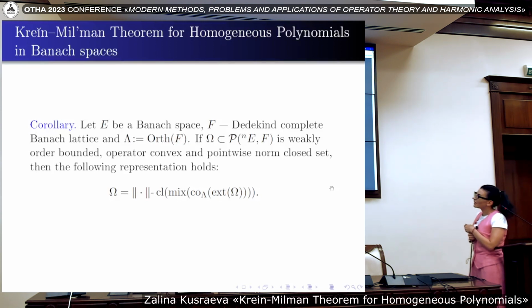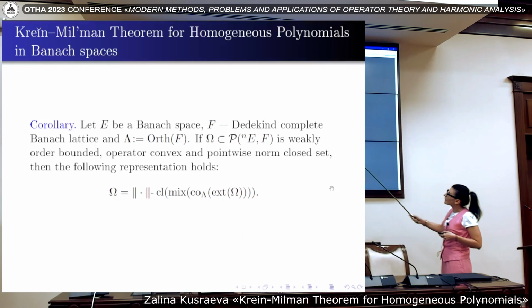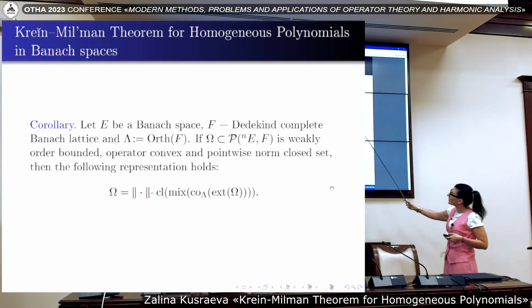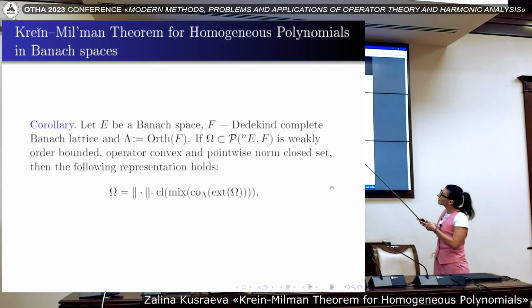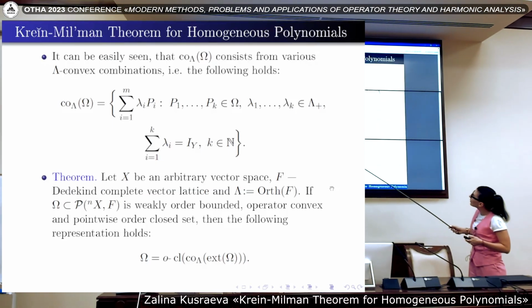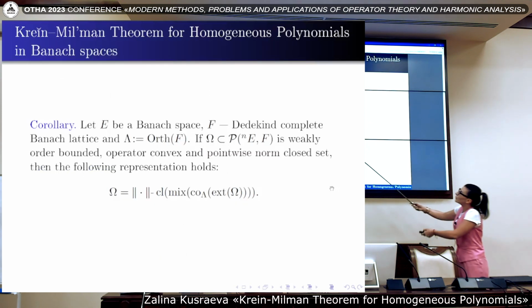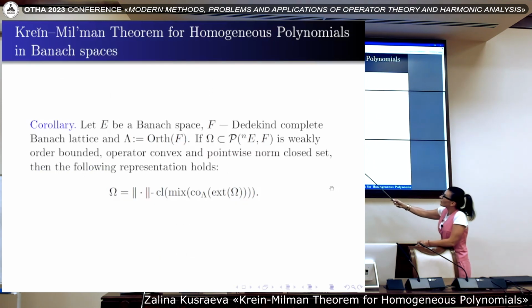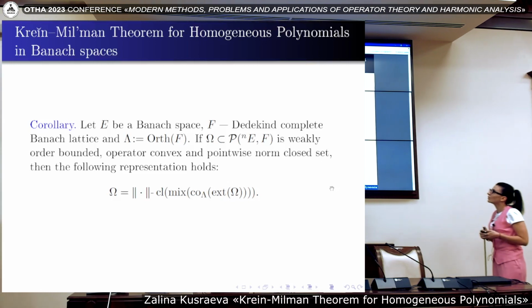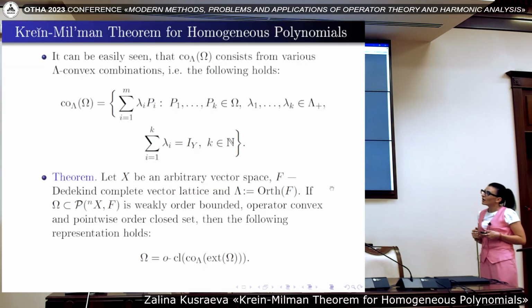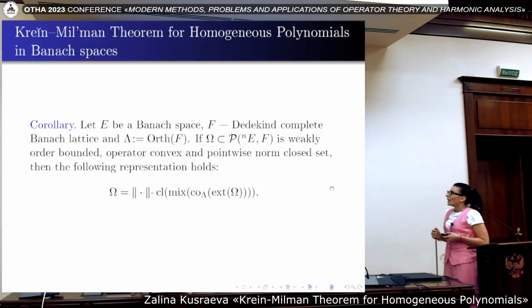I will not stop on details here, but the change is that we get a pointwise norm closed set, whereas here it was operator convex and pointwise order closed. And also we'll need one more operation. I will not stop on it, but it is necessary. It is mixing. And so we have the analogue of the Krein-Milman theorem for homogeneous polynomials. I think I'm done.